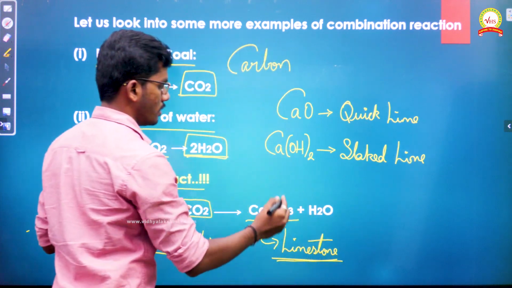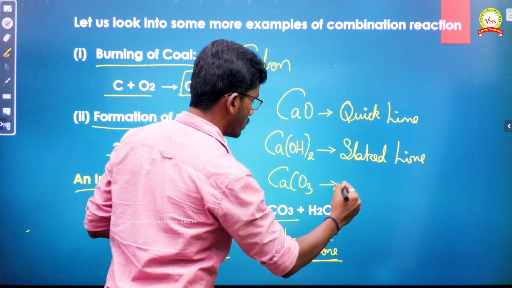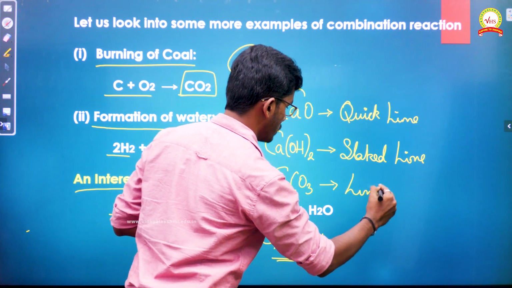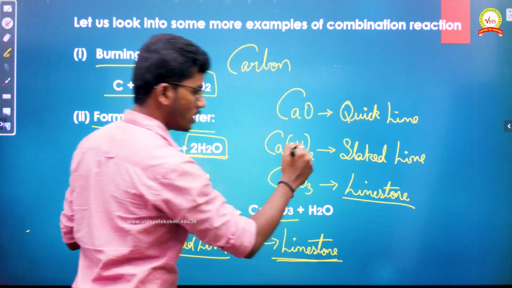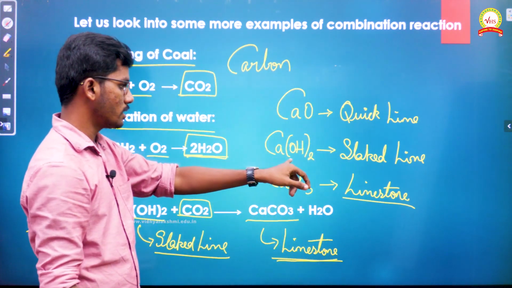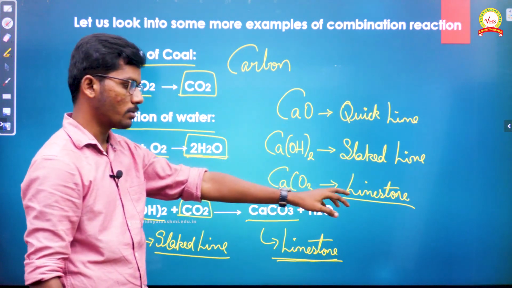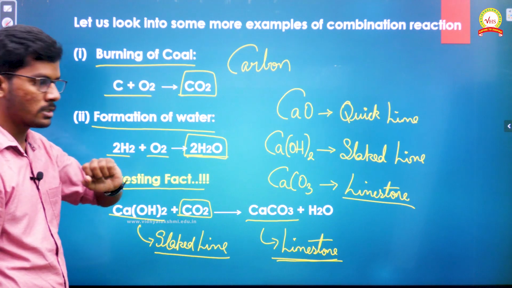And then calcium carbonate, CaCO3, we call limestone. And this limestone is also present in marbles, stones also. Okay, so just make a note of this. Calcium oxide is quicklime, calcium hydroxide is slaked lime, and calcium carbonate is called limestone. Okay, so that's it about combination reaction.